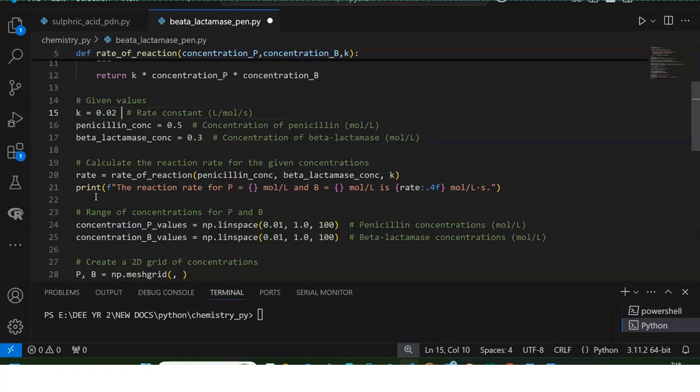So we are going to also go ahead and use the print format, that is by using the formatted string literal for Python. If we want the print to be like the reaction rate, of course we want the string to be there, but holding also some value, which could have been calculated by a given function.